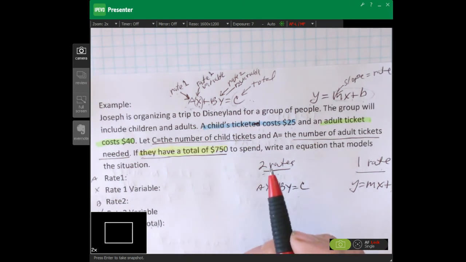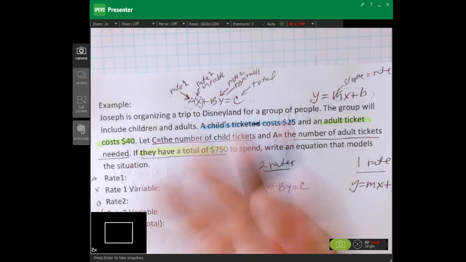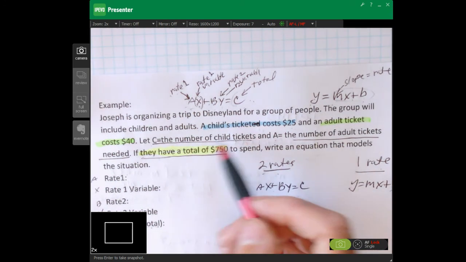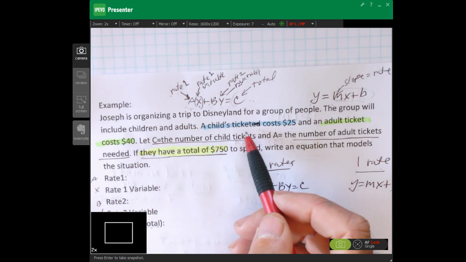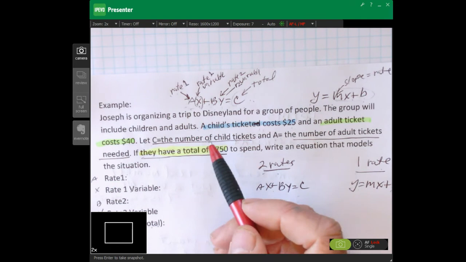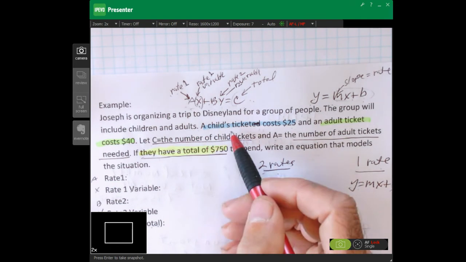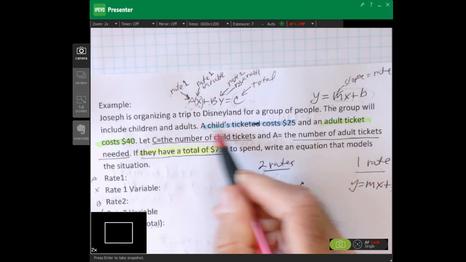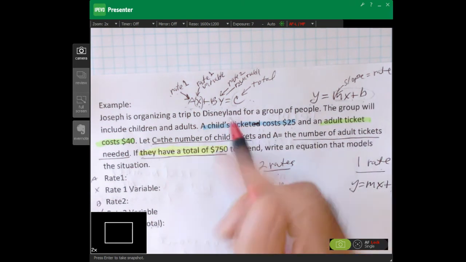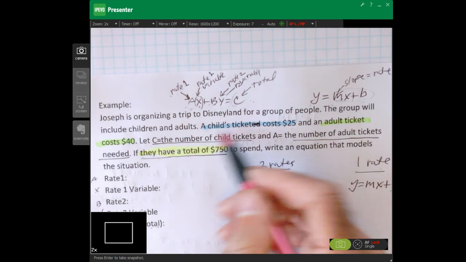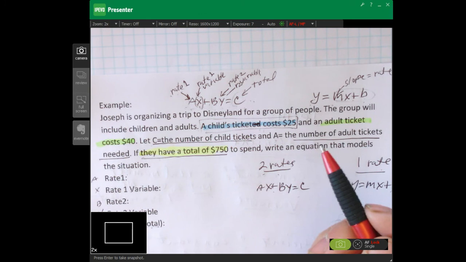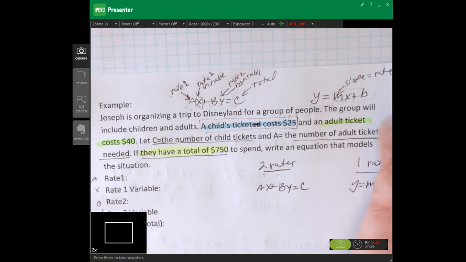So you can kind of keep in mind that anytime you see a price, that's a rate. But also remember it's for each or for every, for a, per. So if you can put a phrase like for each or per into the sentence without changing the meaning, then that's a rate.